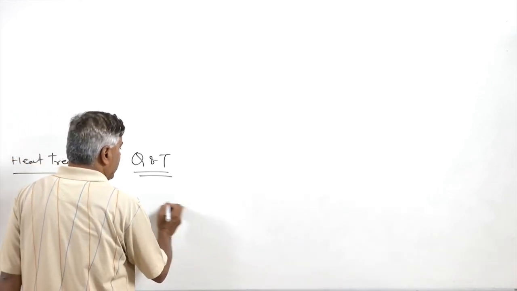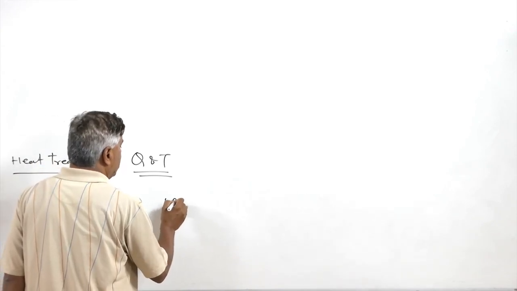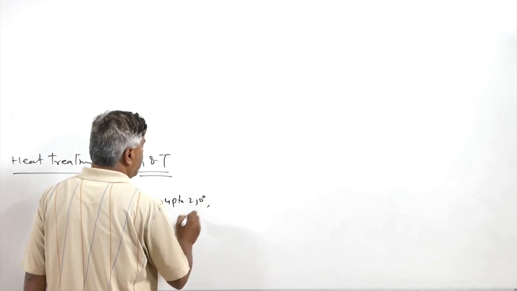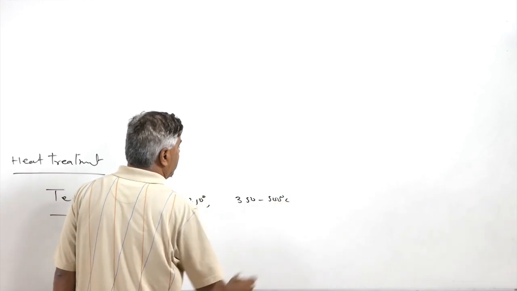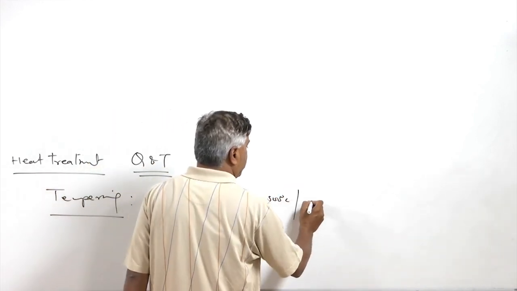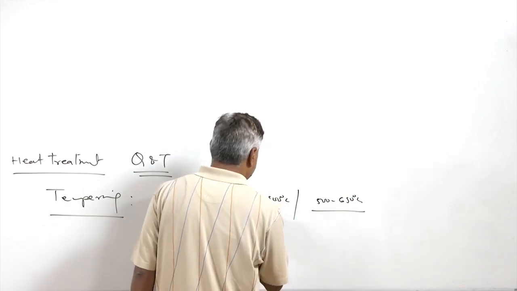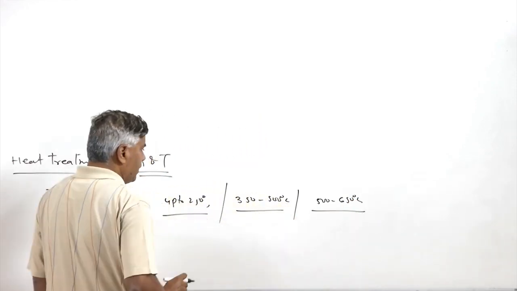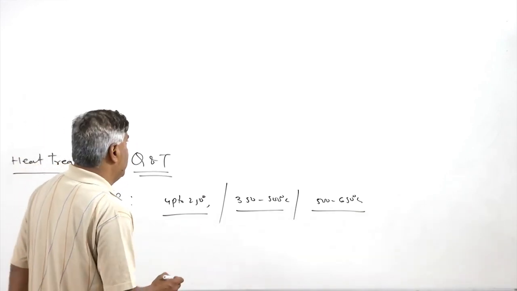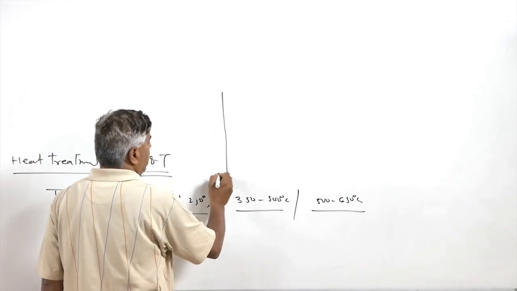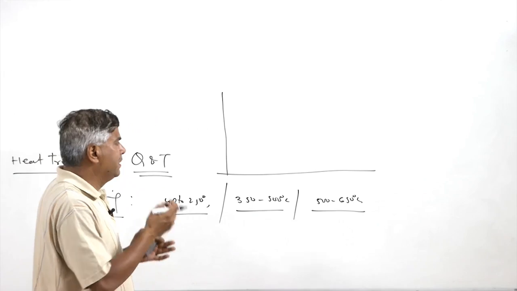Tempering is done in the range of three temperatures: heating up to 250 degrees centigrade, then heating from 350 to 500 degrees centigrade, or heating from 500 to 650 degrees centigrade. So these are the three temperature bands in which tempering can be performed, depending upon the kind of compromise which will be acceptable with regard to the reduction in hardness and improvement in the toughness.